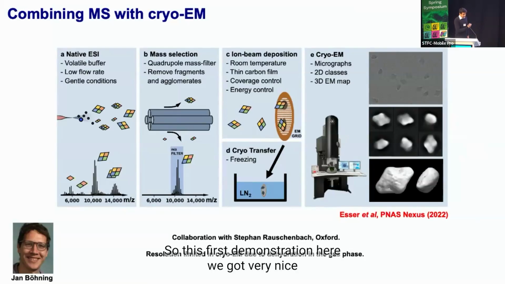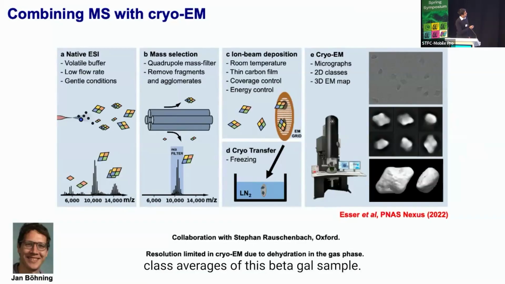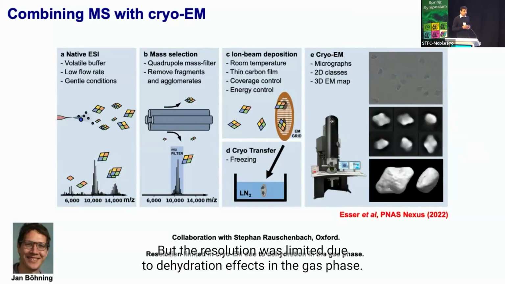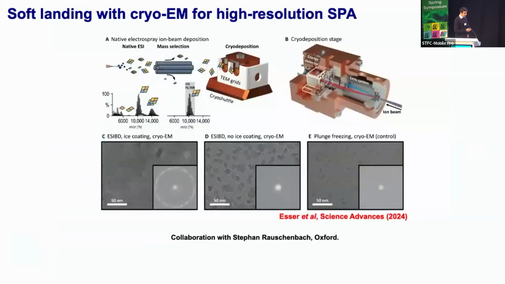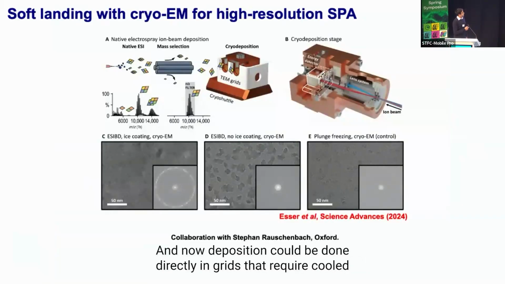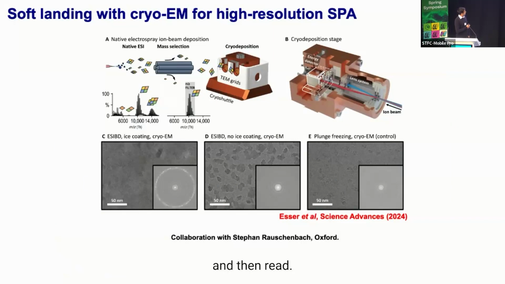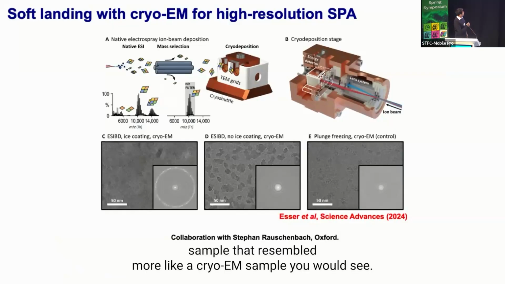In this first demonstration, we got very nice class averages of this beta-gal sample, but the resolution was limited due to dehydration effects in the gas phase. Next, this system was developed further, and now deposition could be done directly onto grids that were cryo-cooled. Then redeposition of the ice led to samples that resembled more a cryo-EM sample you would see.